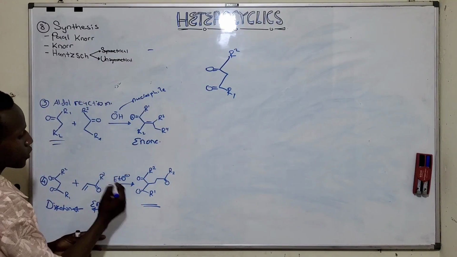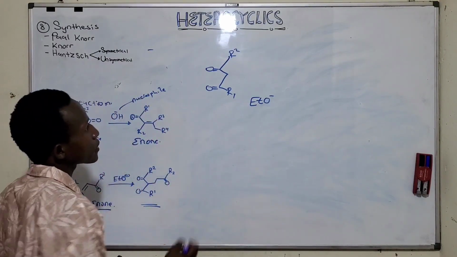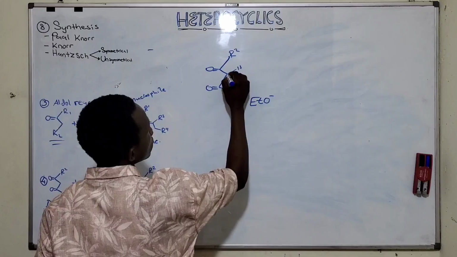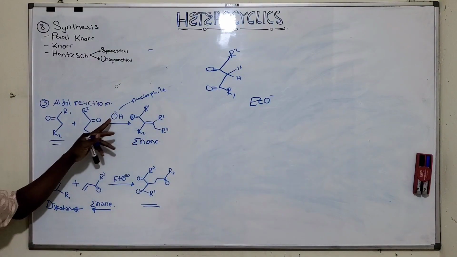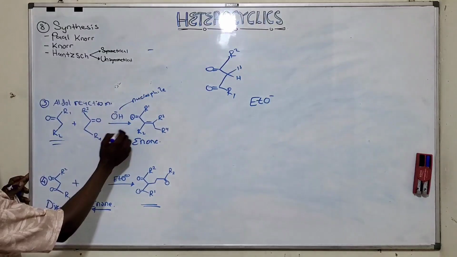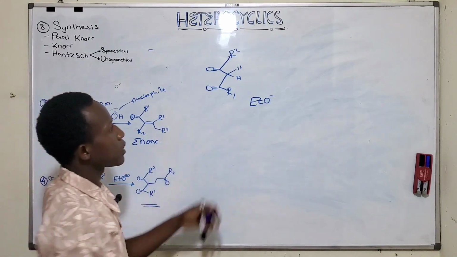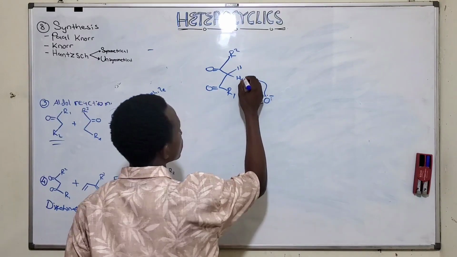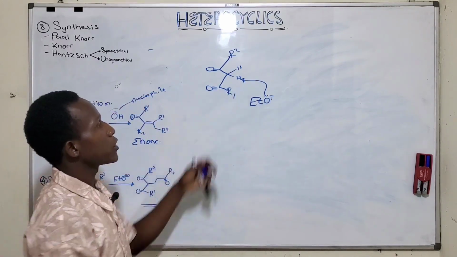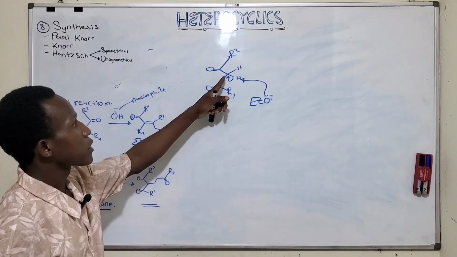Now, this one, the ethane, will act as a base. Remember, we have two hydrogen ions. So it's like this mechanism. We have the OH, which is a base acting as a nucleophile. It's the same thing here. This oxygen has lone pairs of electrons. So to attack the hydrogen, this one will give the bond electrons to this carbon.